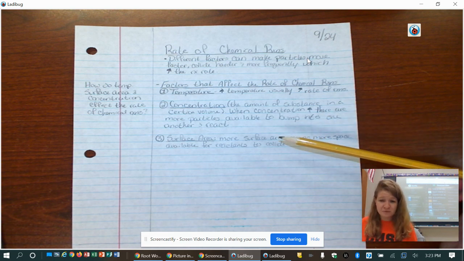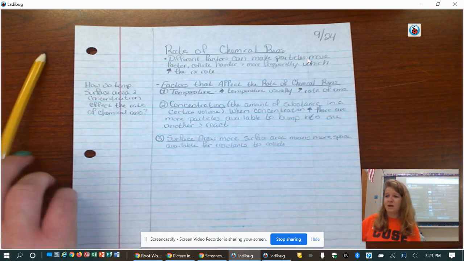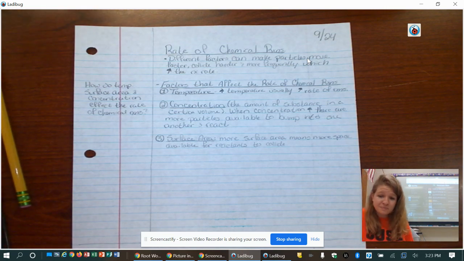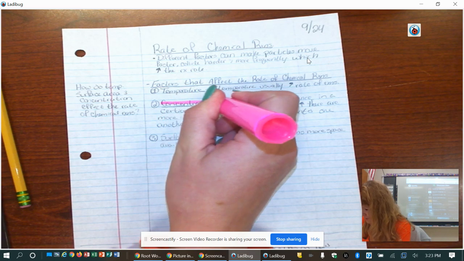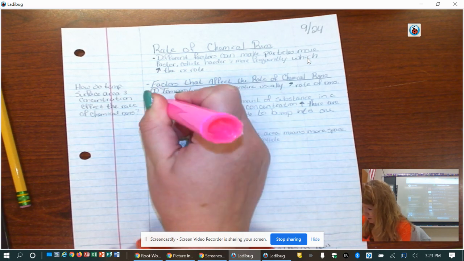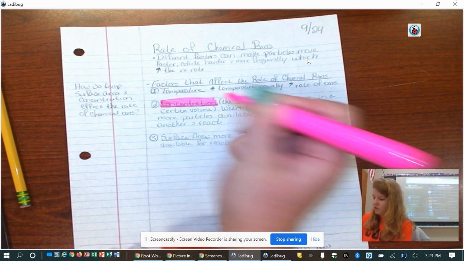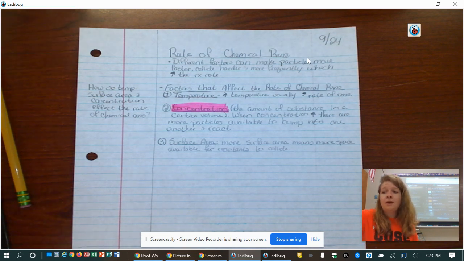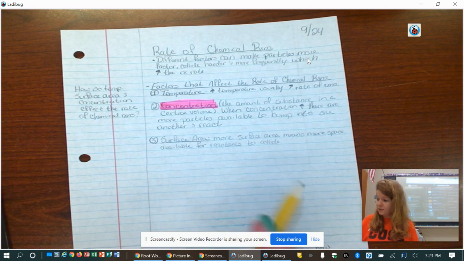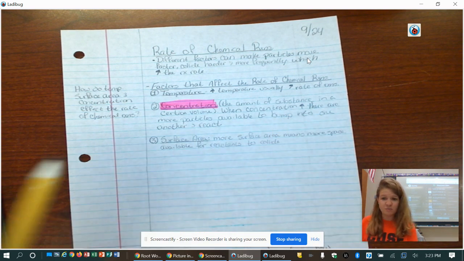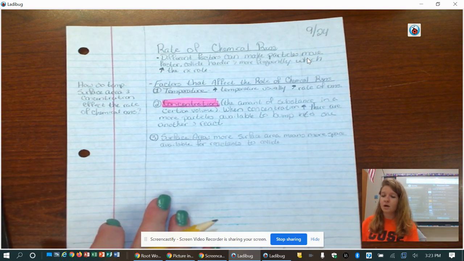Concentration. Now, that's a vocab word, and so I want to highlight it. And also, it's kind of confusing. So I went the extra mile, and I looked up the definition in my book, and I learned that concentration is the amount of substance in a certain volume, how much of it is in there.